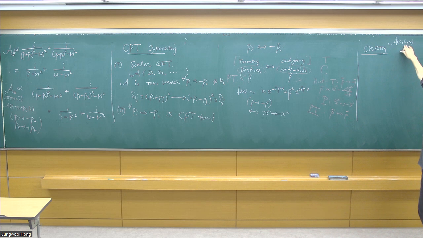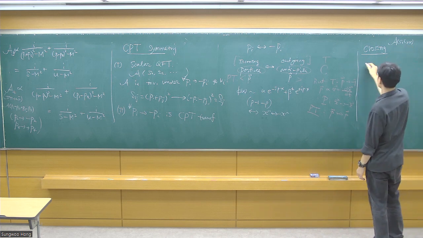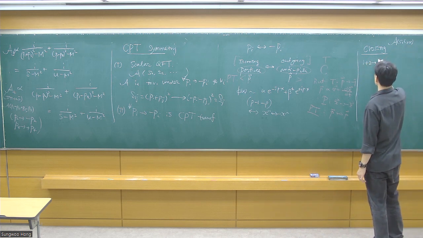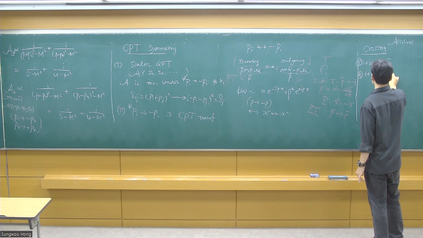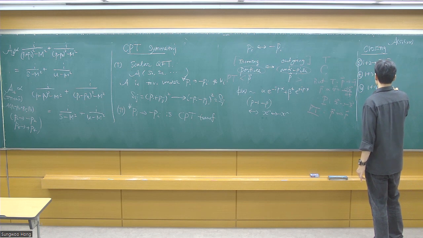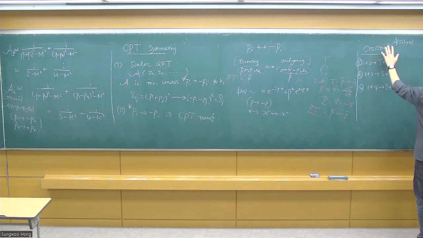Given the s, t, u function, which now we understand is just some analytic function modulo singularities, this tells you that 1 plus 2 goes to 3 bar plus 4 bar, which is called the s channel; the t channel, 1 plus 3 goes to 2 bar plus 4 bar; and the u channel, 1 plus 4 goes to 2 bar plus 3 bar. So now crossing allows you to say that a single function takes care of this.